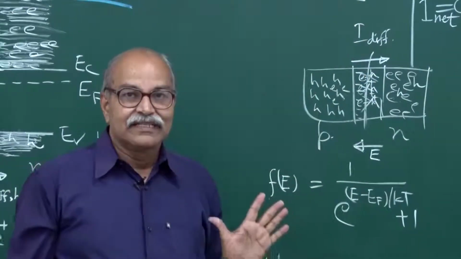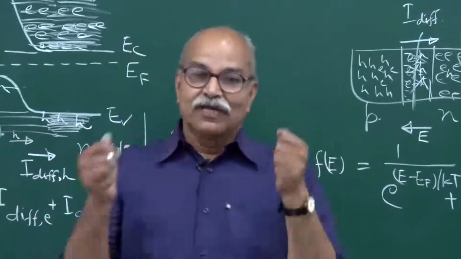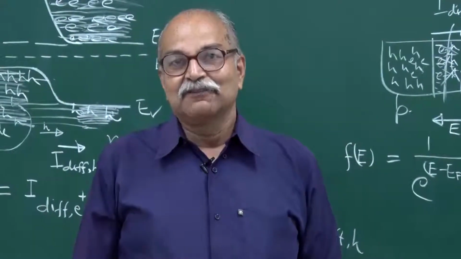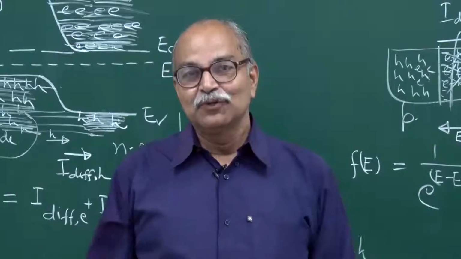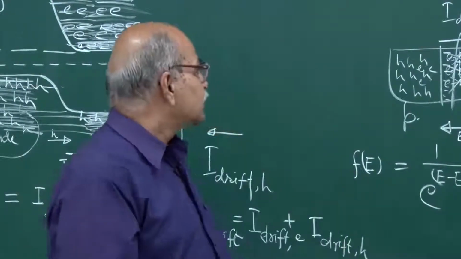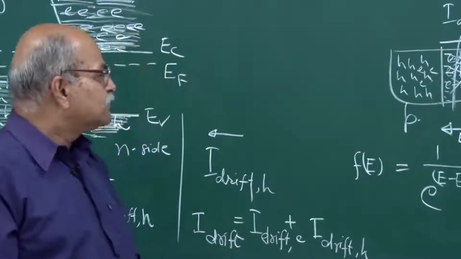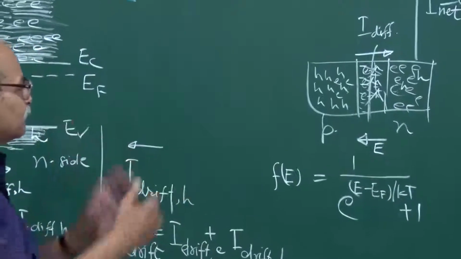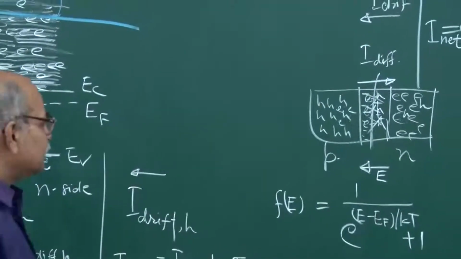Next, the task is now to connect this p-n junction to some kind of an external circuit. After all, this is made to make use of. So let us try to make a very simple circuit diagram here.